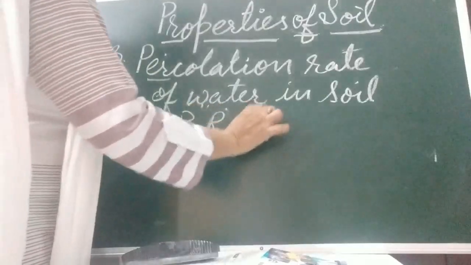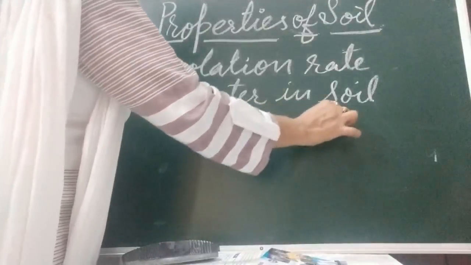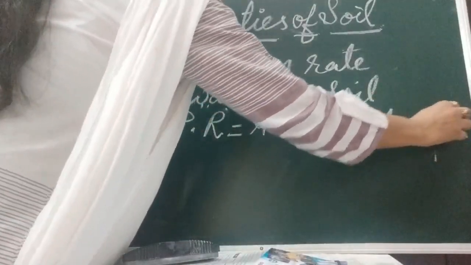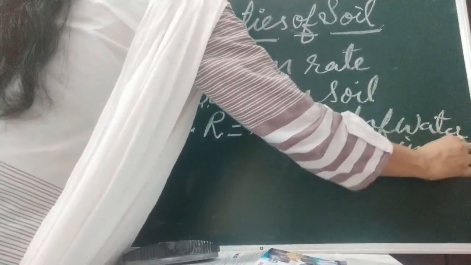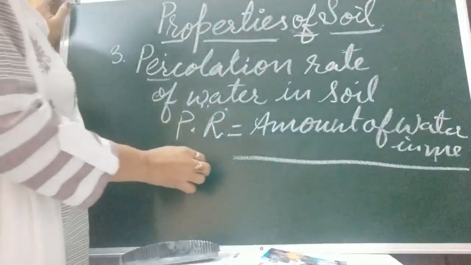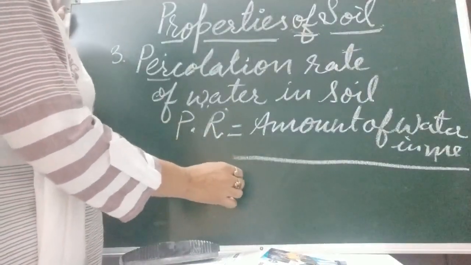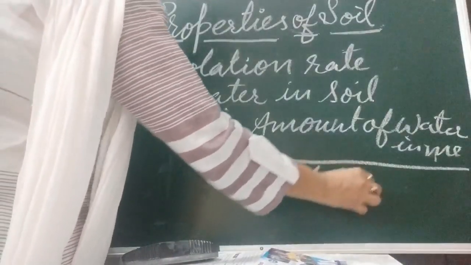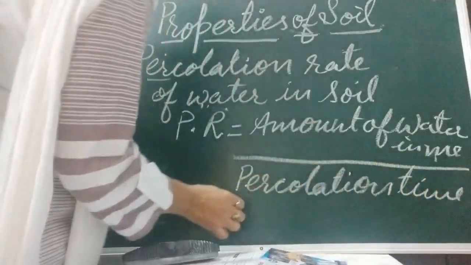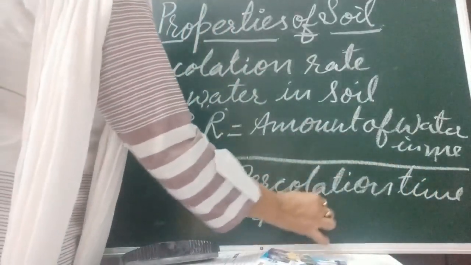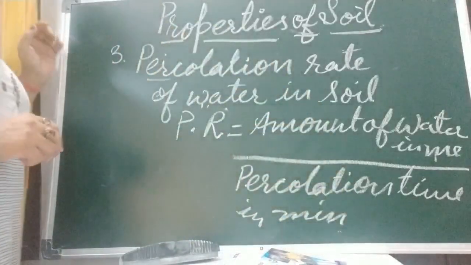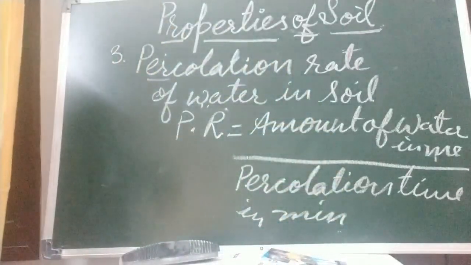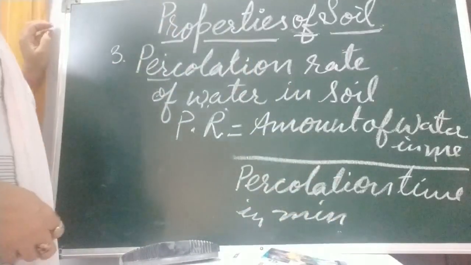Formula: PR = amount of water in ml upon percolation time in minutes. By this formula we can find out the percolation rate of any type of soil. Okay children, so this is clear to all of you.